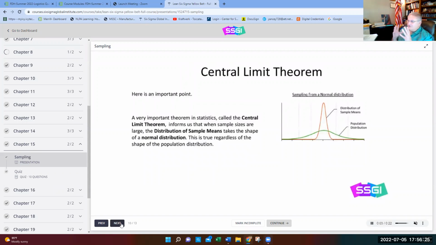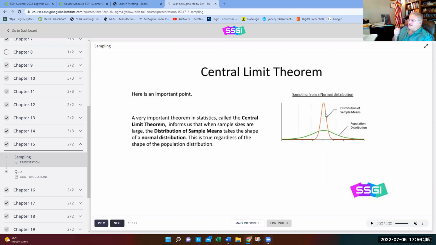And then this central limit theorem informs us that when sample sizes are large, the distribution of sample means takes the shape of a normal distribution. Okay, that's the orange hump back there. This is true regardless of the shape of the population distribution. You see that it's a little bit shorter hump.